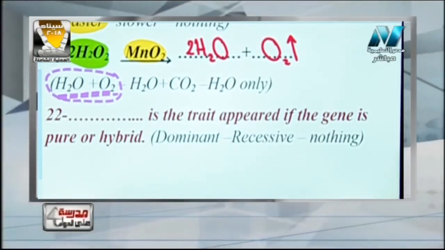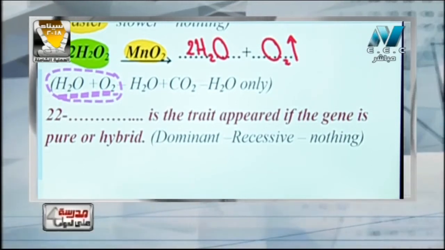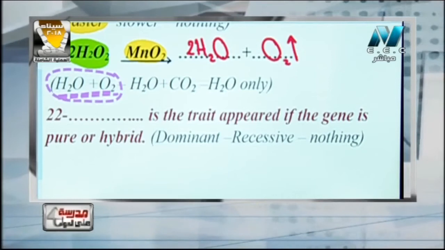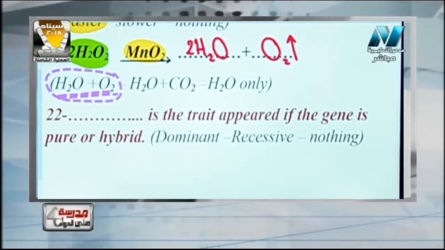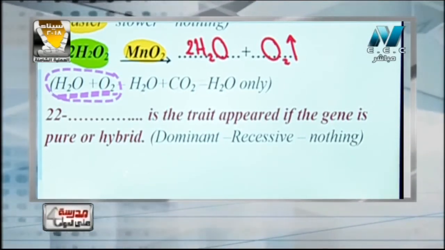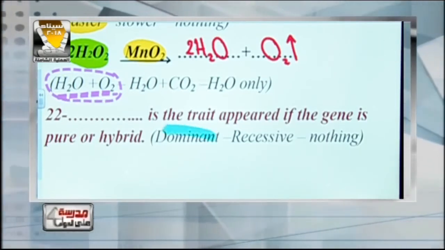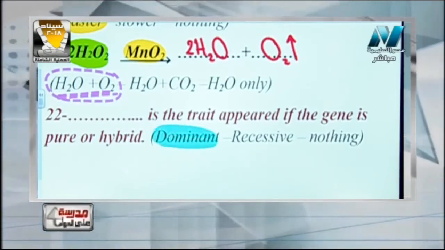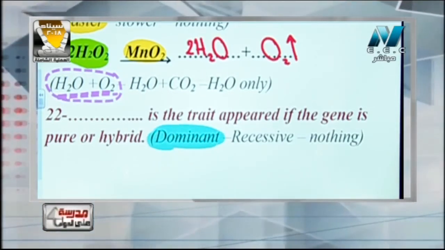Question number 22 says: what is the trait that appears if the gene is pure or hybrid? Of course we can answer here as dominant trait. Dominant trait. How can we answer?